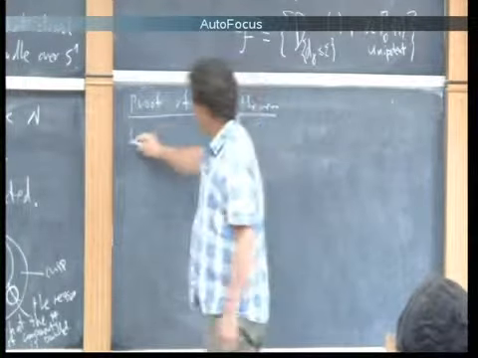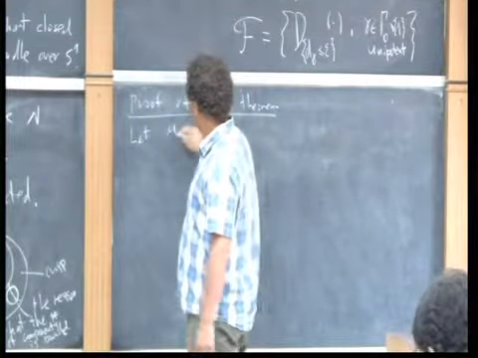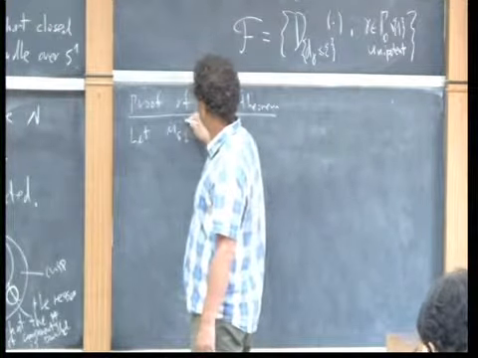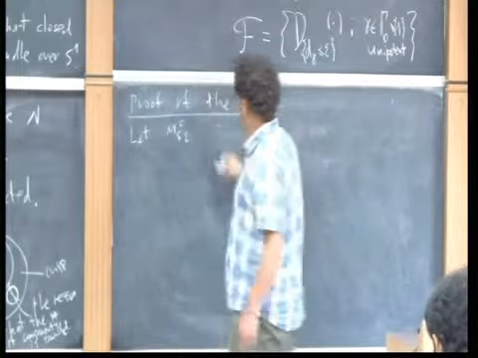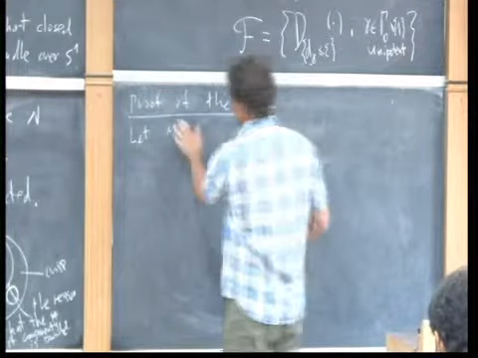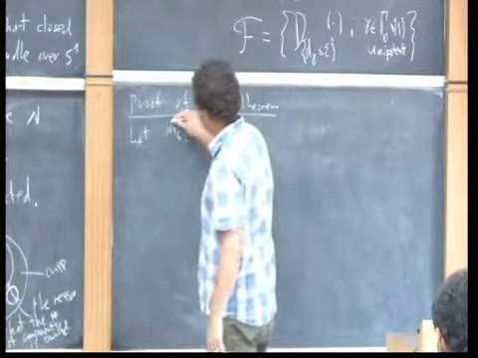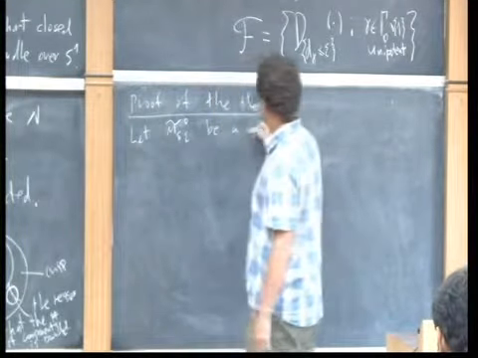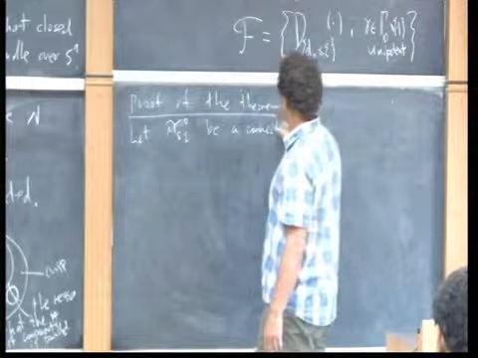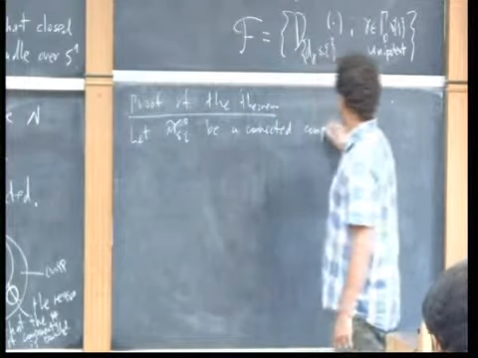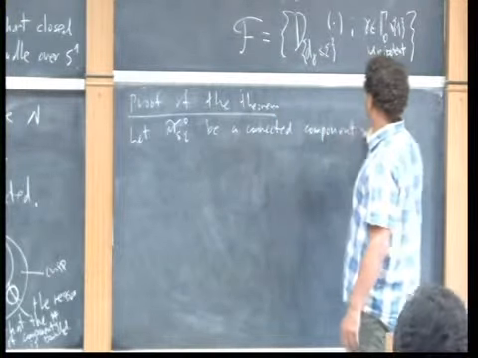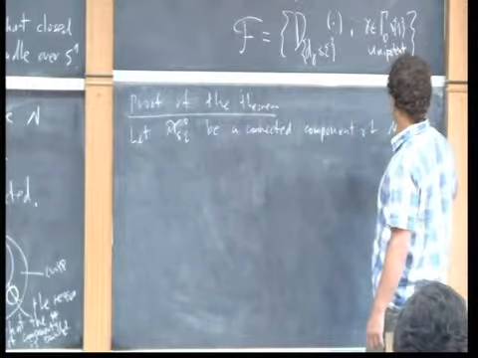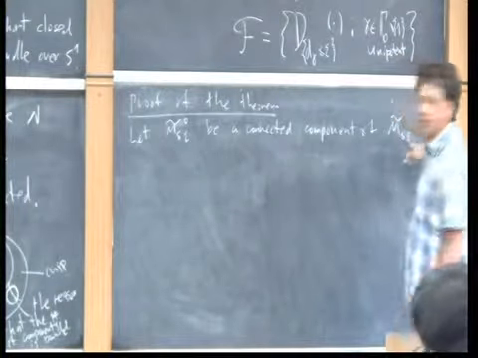So let m less than epsilon, let this be a connected component of the universal cover of the thin part.